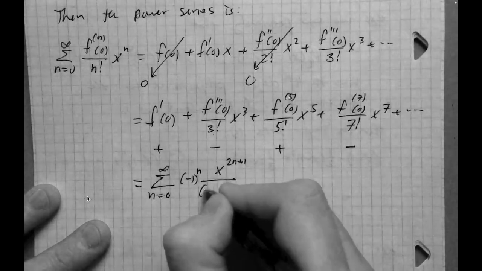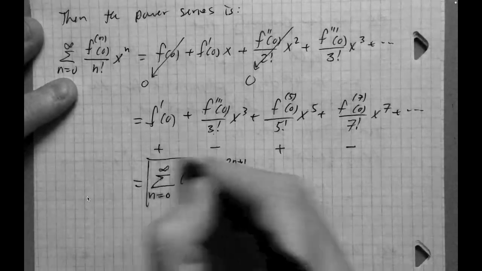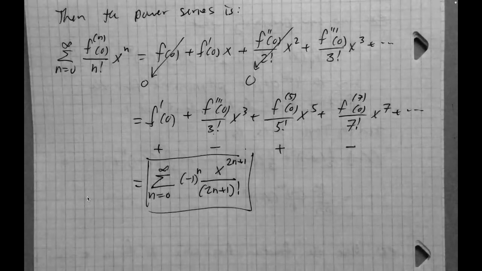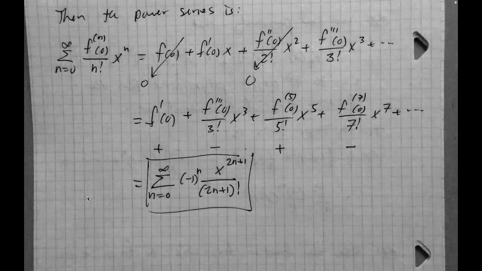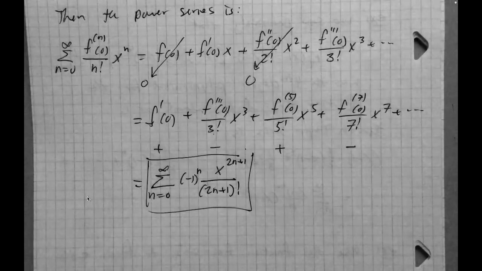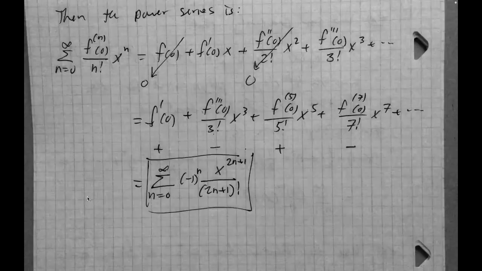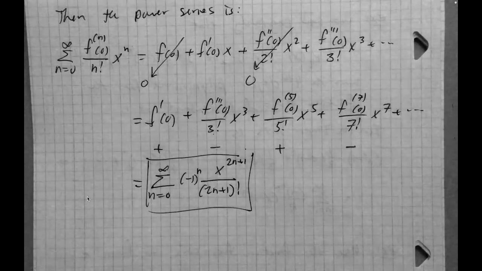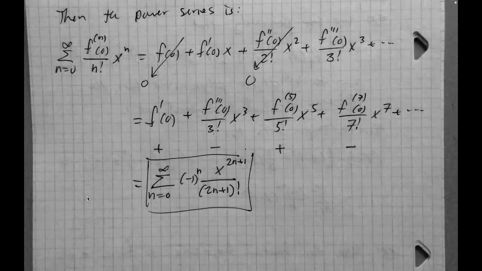Okay, and then over 2n plus 1 factorial. Okay, so this would be the MacLaurin series, I guess, that's formed using the Taylor coefficients for the function f of x equals sine of x. Okay, now, question, does this series converge?